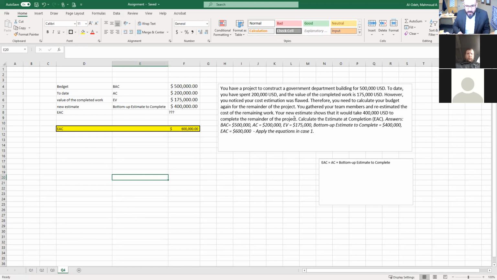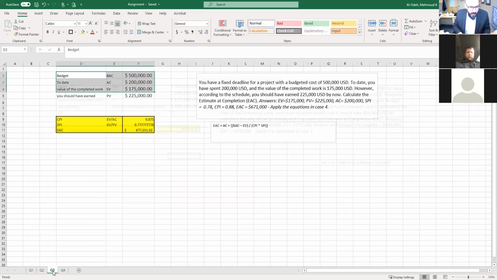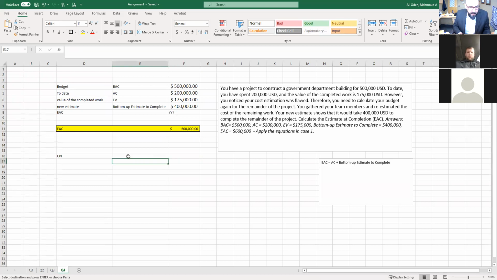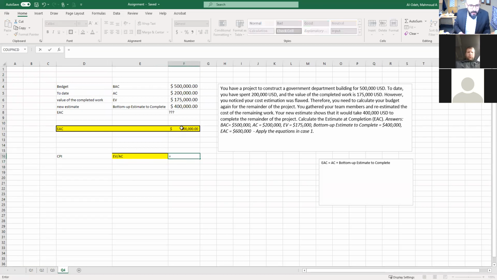But in case this 400,000 is not given, what you need to do, you need to find the CPI and find the new estimate. And the CPI would be the earned value divided by the actual cost. So the earned value would be the 175 divided by the actual cost.